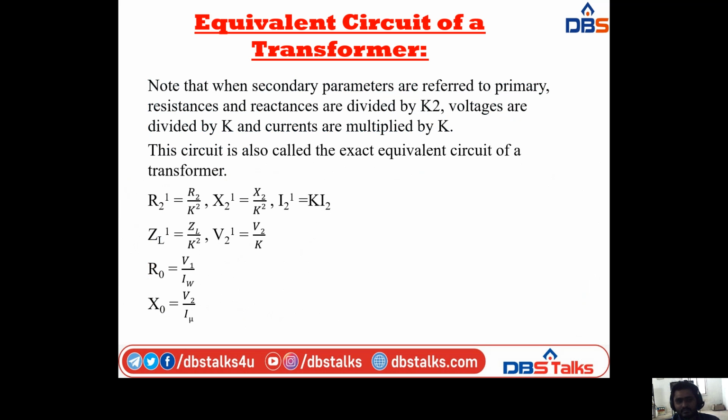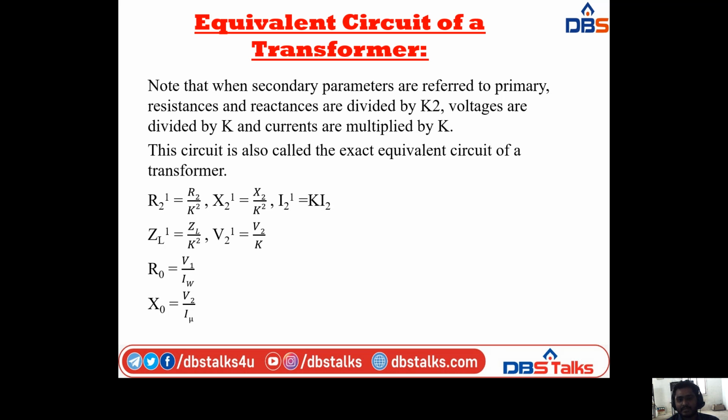Note that when secondary parameters are referred to primary, resistances and reactances are divided by K square, not K, this K square, voltages are divided by K, and currents are multiplied by K. These are the 3 points we have to concentrate on.